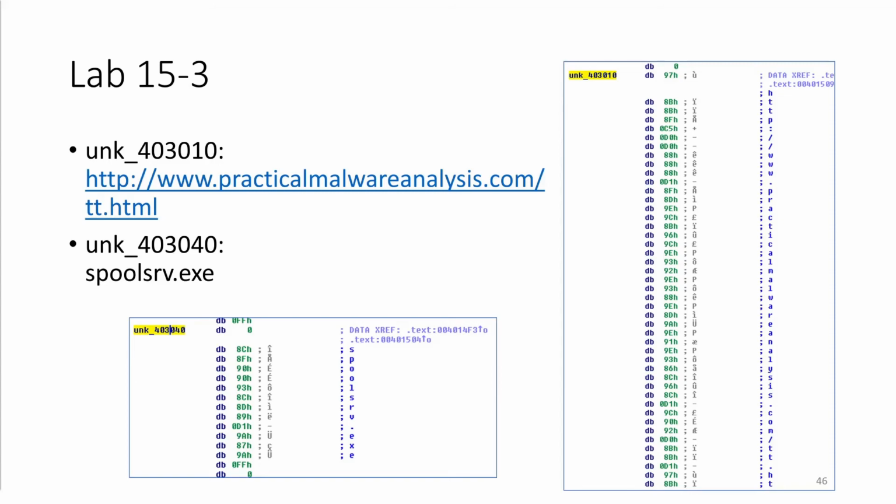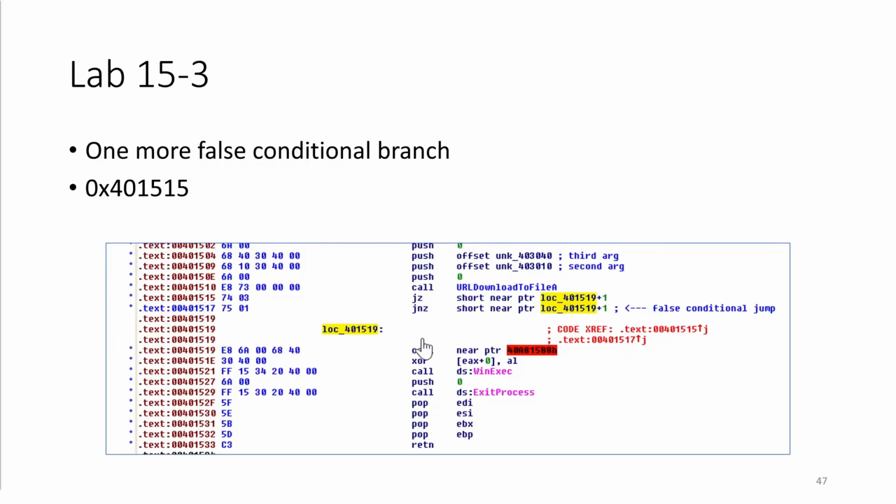After decoding, the URL practicalmalwareanalysis.com/tt.html is located at global address 403010, and the string spoolsrv.exe is located at the address 403040.